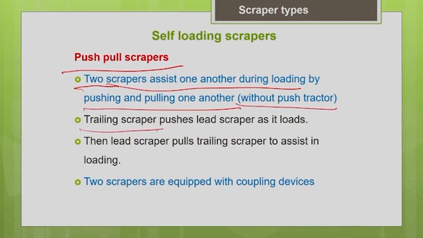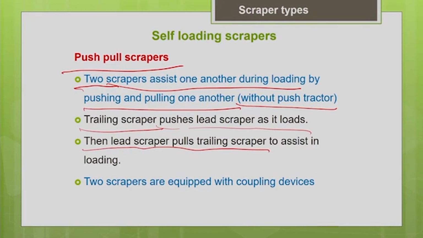The trailing scraper, at the rear end, pushes the lead scraper as it loads, and then the lead scraper pulls the trailing scraper when the trailing scraper is loading. That is how they help each other, so that the productivity of the scraper can be enhanced.